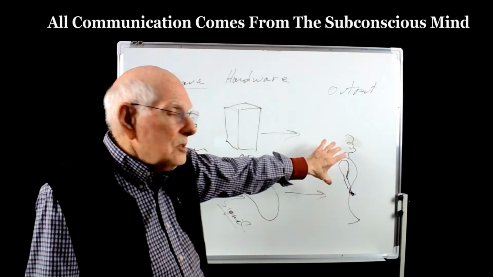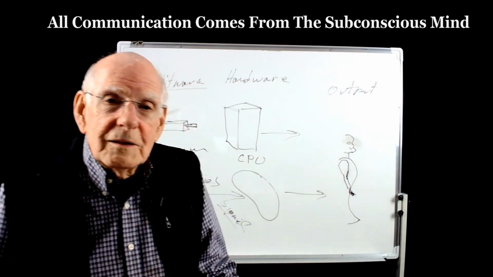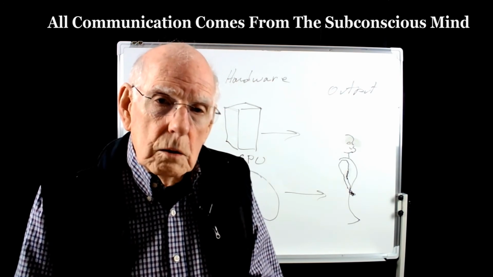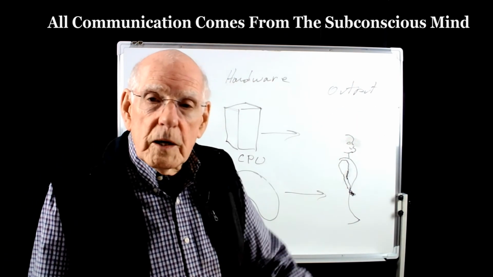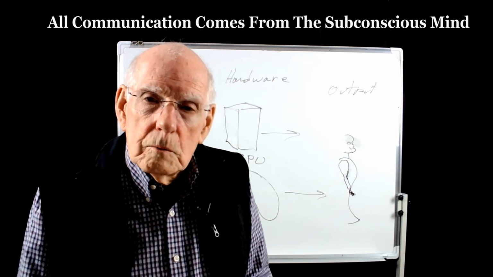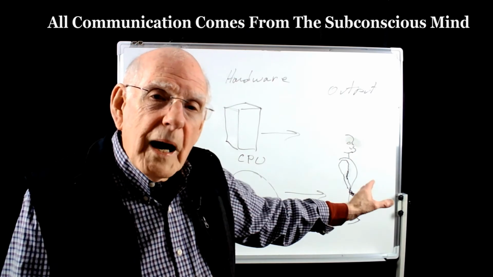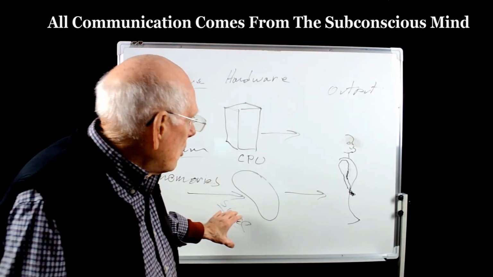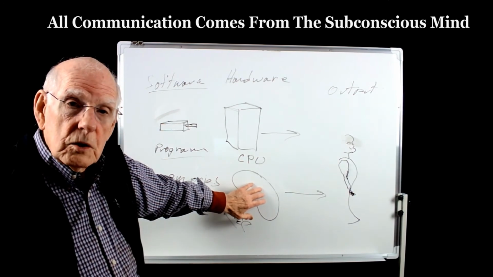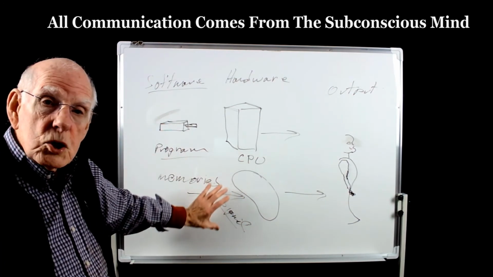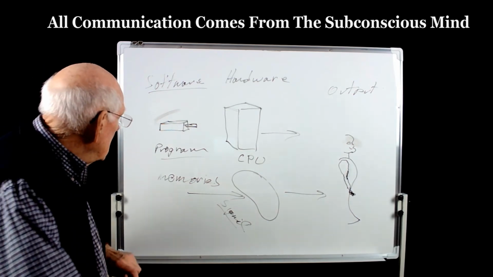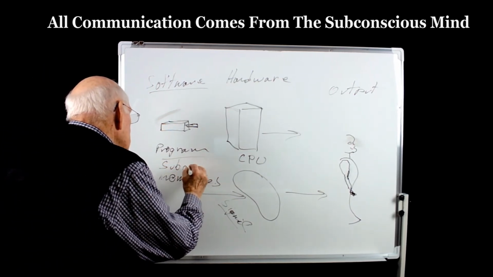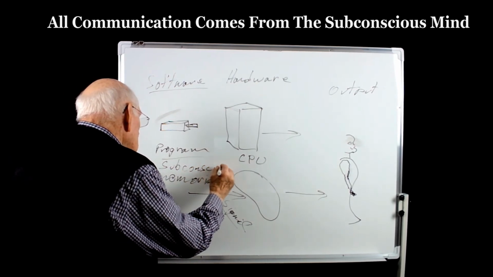The body itself doesn't get any information directly from the outside environment. Basically, the body is dumb and blind, except for this process here, the hardware, and the software over here. I better put that so you remember. Subconscious mind.